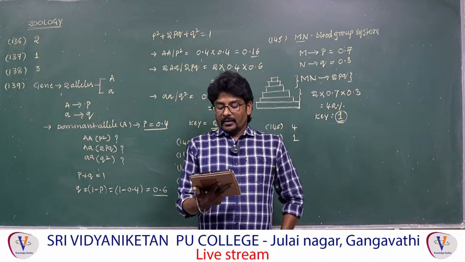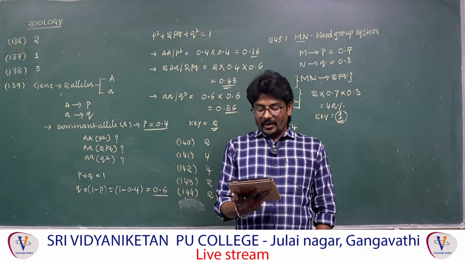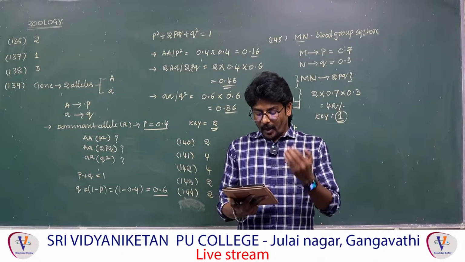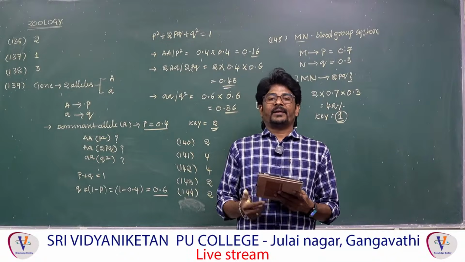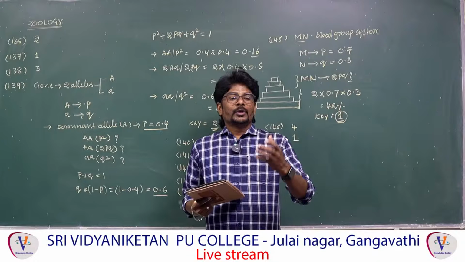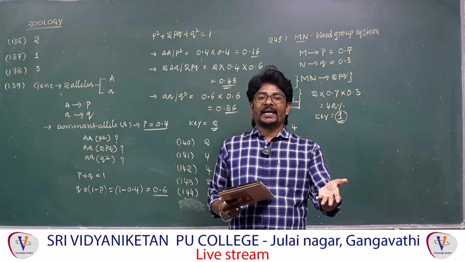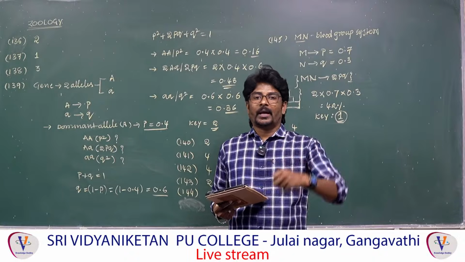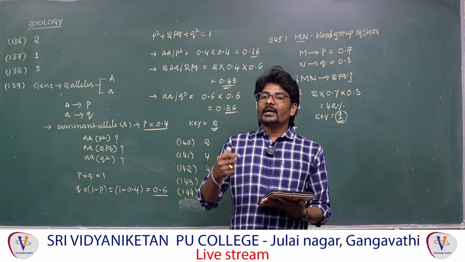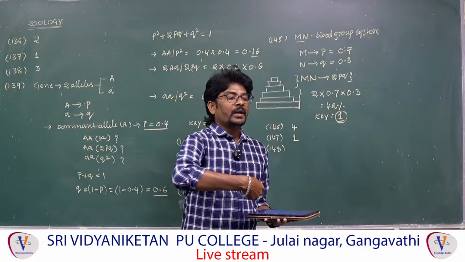Second: counting the number of fish caught in a trap to find the population density of fishes in a lake. Correct, because to know the population density or size of the fishes in a lake, it is not possible to count 1, 2, 3, right? So they will use a trap. They count how many fish are caught in one trap. Suppose one trap catches 10 fish, and they approximately calculate how many traps the total lake width needs.